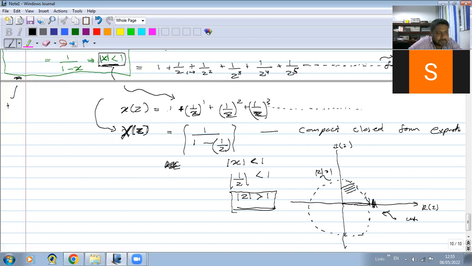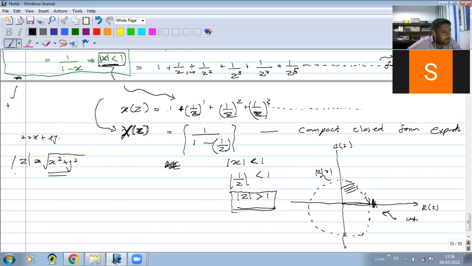Okay, so if z is x plus iy and you find the absolute value, you will get the square root of x square plus y square. So this is the absolute value of z.